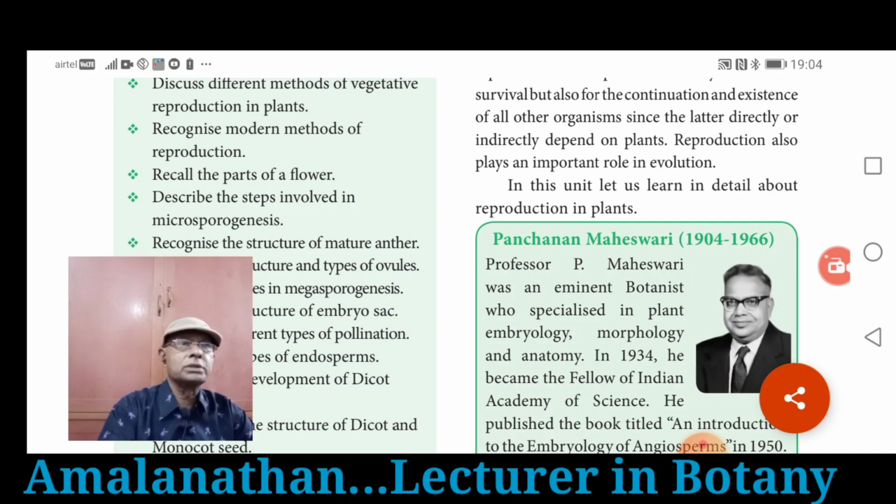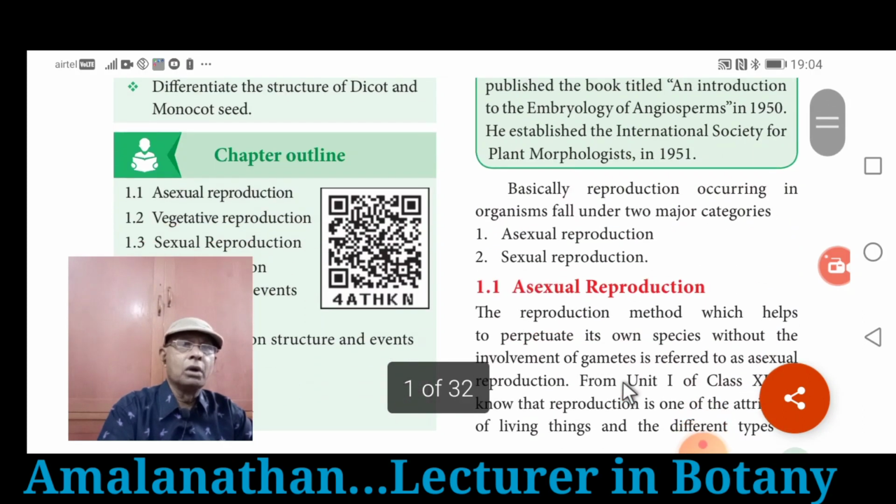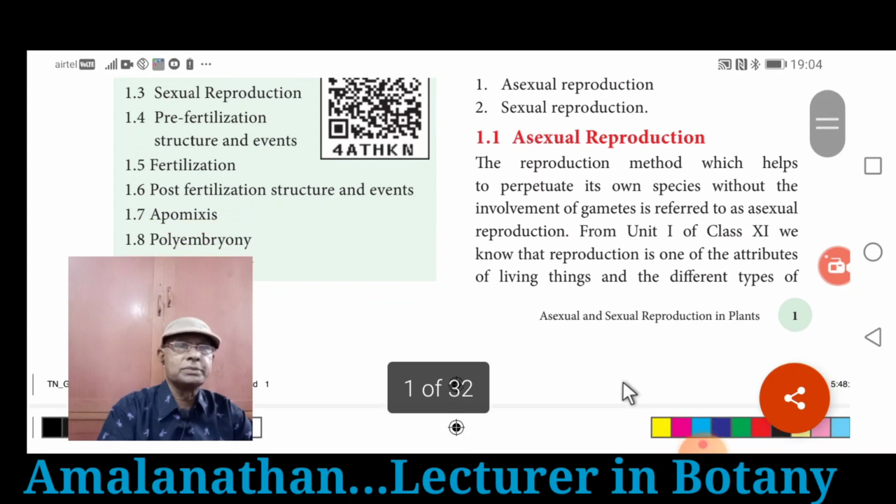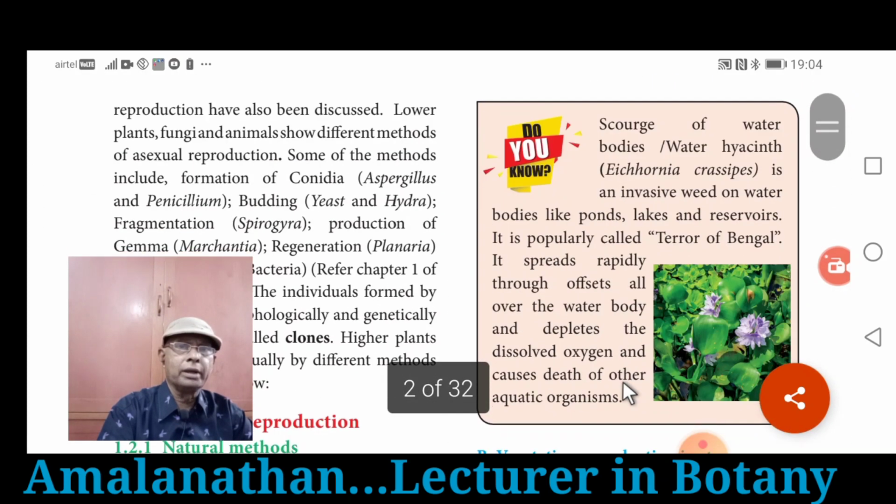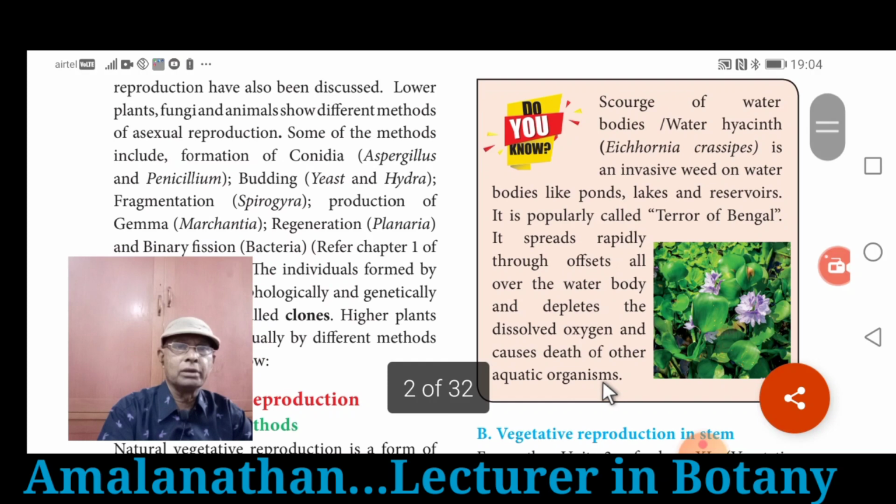The following are some of the methods of asexual reproduction in lower group organisms. First method: by conidia. For example, in Aspergillus and Penicillium, asexual reproduction takes place by conidia. Conidia are asexual reproductive spores.